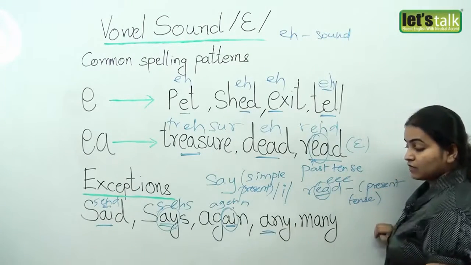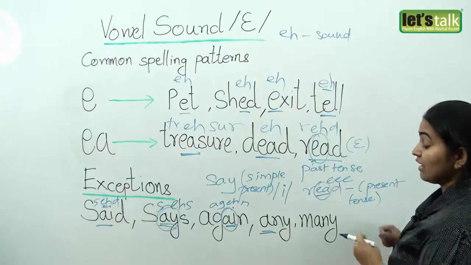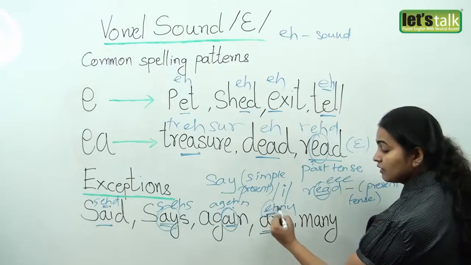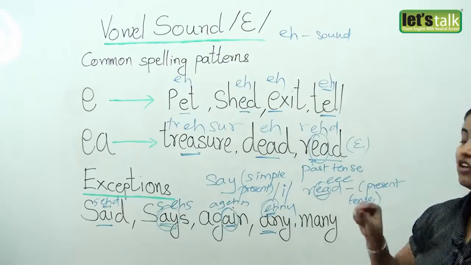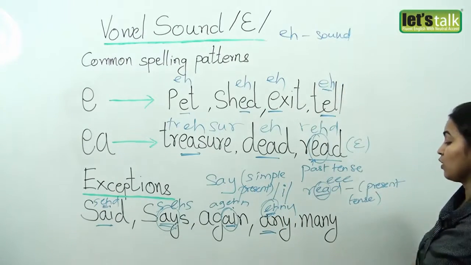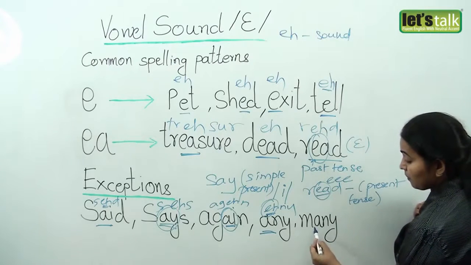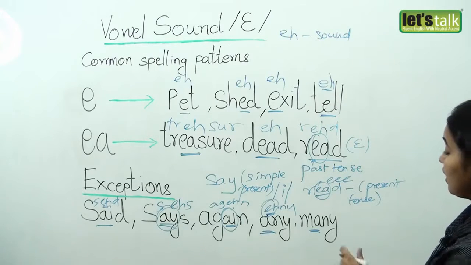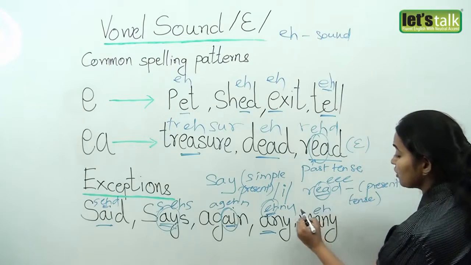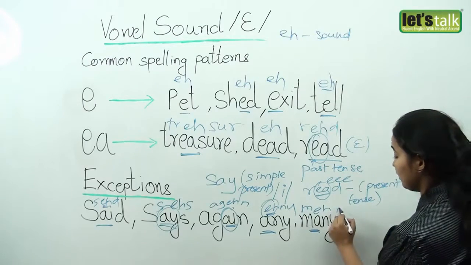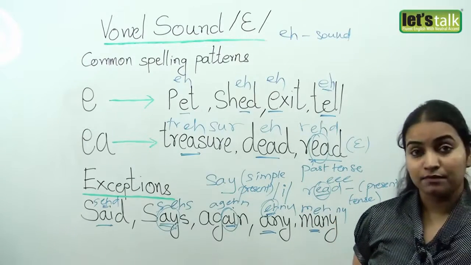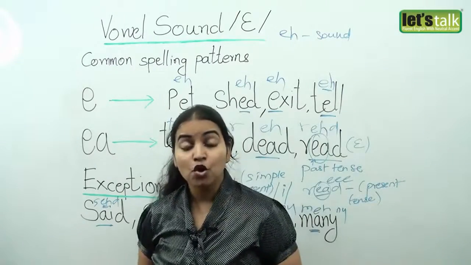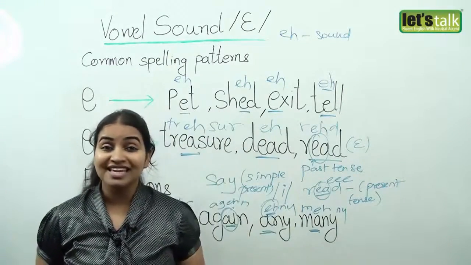The A. I don't say any with an A sound. I say any. The A giving me the short E sound. And then the next word, many. The A again gives me the short E sound. That's many. Okay. Well, this is the list of the common spelling patterns with the vowel sound.